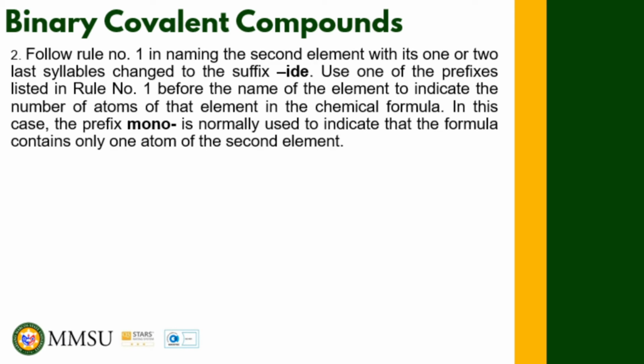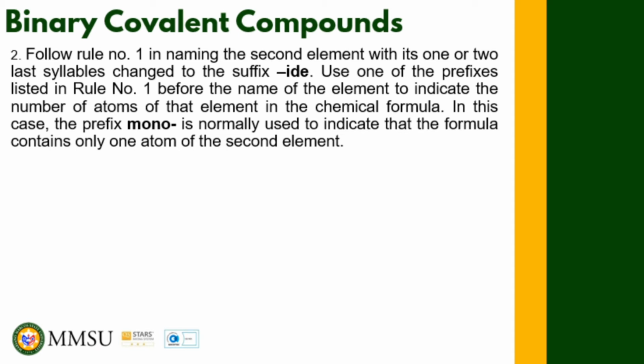Second, follow rule number 1 in naming the second element with its 1 or 2 last syllables changed to the suffix IDE and use one of the prefixes listed in rule number 1 before the name of the element to indicate the number of atoms of the element in the chemical formula. In this case, the prefix mono is normally used to indicate that the formula contains only one atom of the second element.